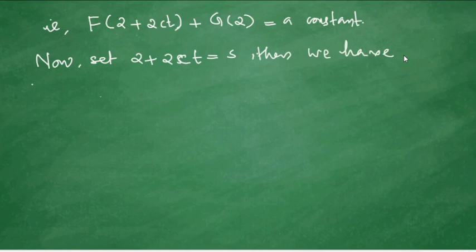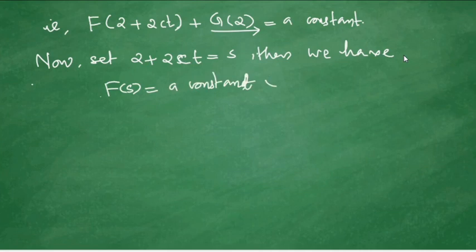Then from this equation we have f of s plus g of 2 equal to a constant. g of 2 is another fixed value, that means it is also a constant. So from this equation we have f of s equal to a constant.